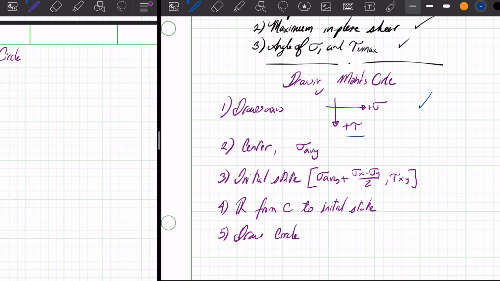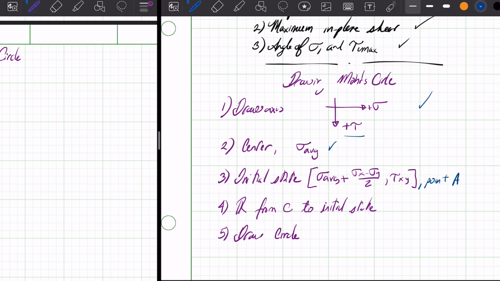Then we're going to draw the center of the circle, which is given by my average normal stress. And then we're going to draw the initial state. Let's call it point A. That is given by the average normal stress, which is the center of the circle, at a distance sigma x minus sigma y divided by 2, similar to the first term in the transformation equations.